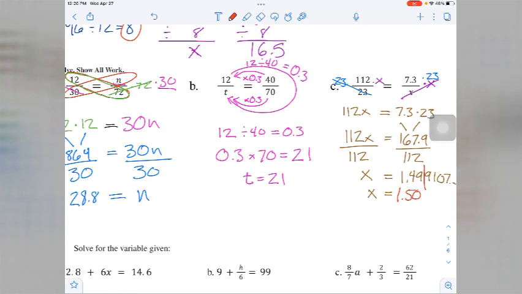Now, there was a problem while I was doing this one. Some students were doing this using the C method, and if you had certain calculators and you did 7.3 divided by 112, you were getting strange numbers that were rounded to the nearest hundredth.